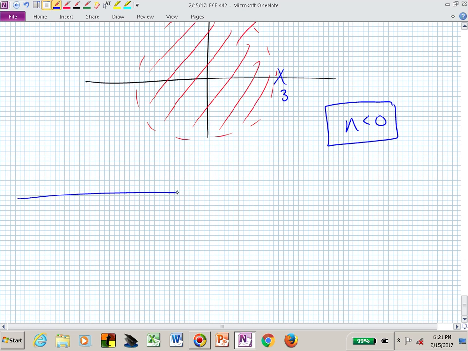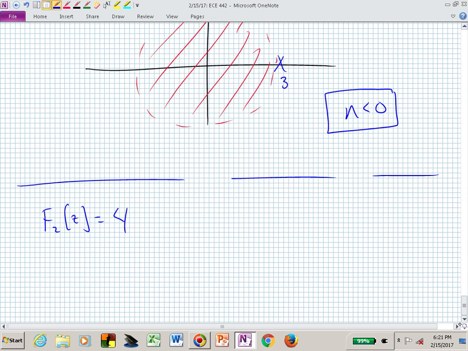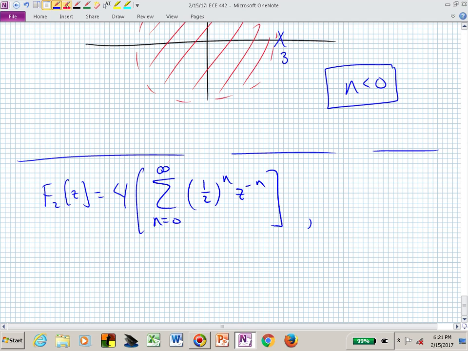We still have capital F sub 2 of z, which was 4 times this sum from n equals 0 to infinity of 1/2 to the n, z to the minus n, and this piece now is this 1 over 2z, and what do we want raised to the n?